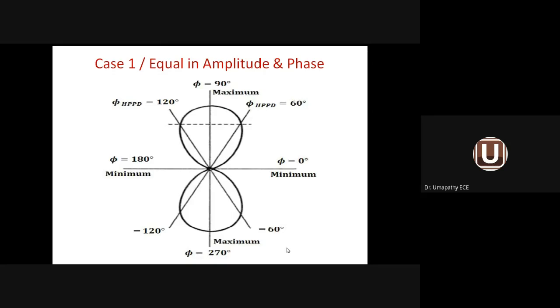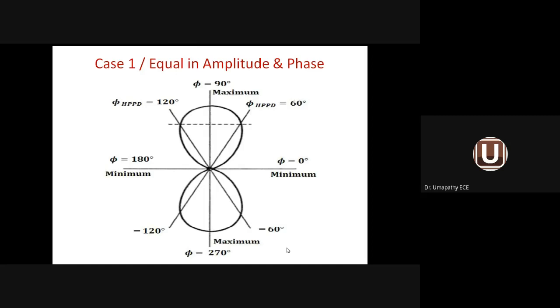We started with a 2-point array. 3 cases are there: equal amplitude and equal phase; equal amplitude and opposite phase; and third, unequal amplitude and any phase. We are discussing case 1, equal amplitude and phase.